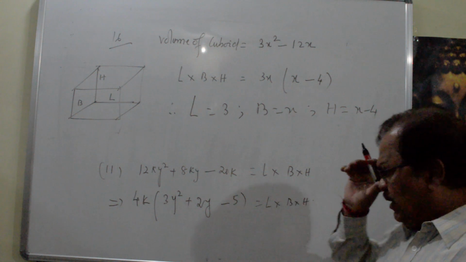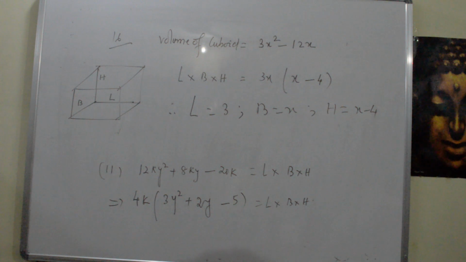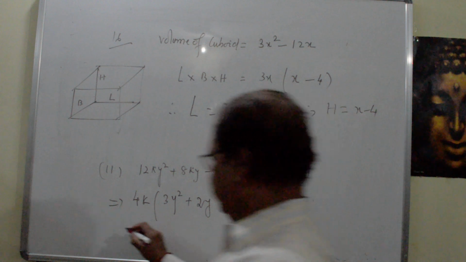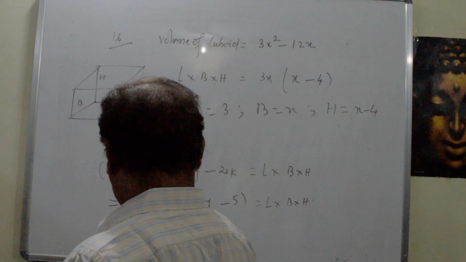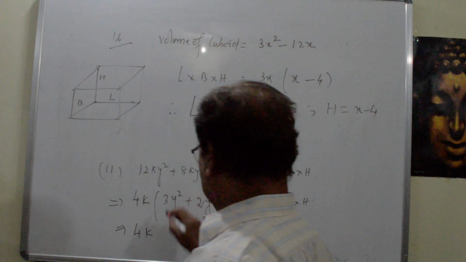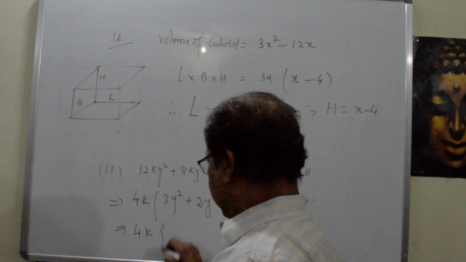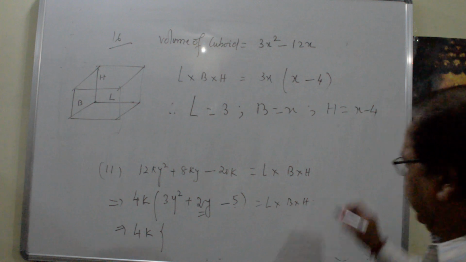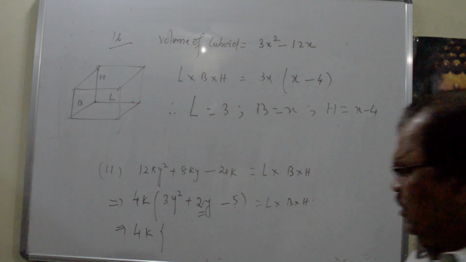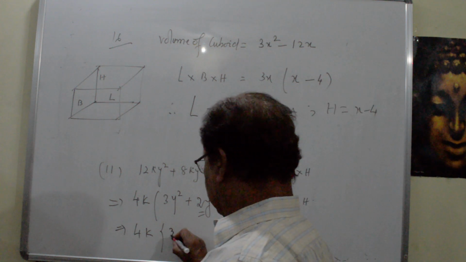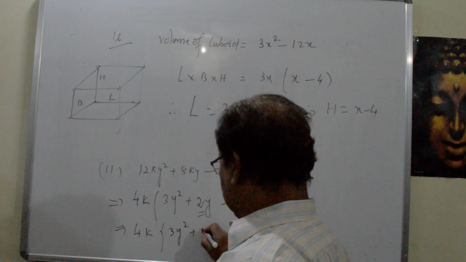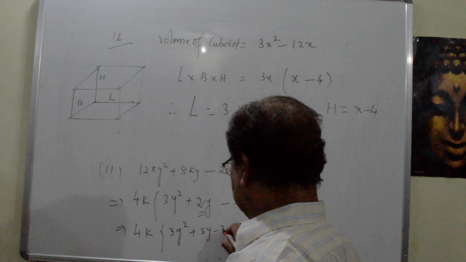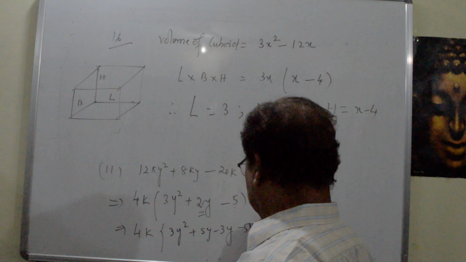Now let us break this 3y square plus 2y minus 5. So this is 4k. Again it will come in terms. 5 into 3 is 15. 15 can be written as 5 into 3, so 2y is 5y minus 3y. So 3y square plus 5y minus 3y minus 5.